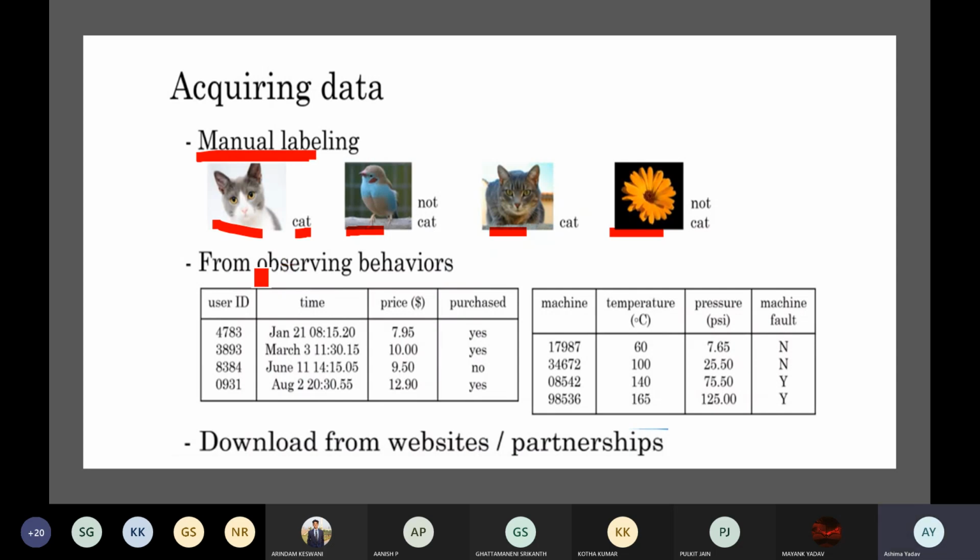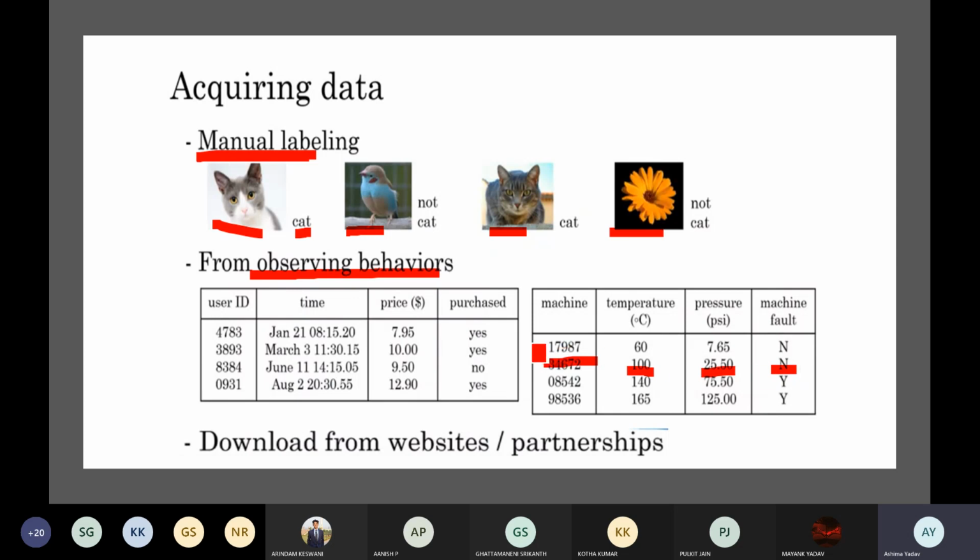The second thing could be from observing behavior. Let's say I work in a factory, where we can say that this particular machine at this temperature and this pressure does not become faulty.